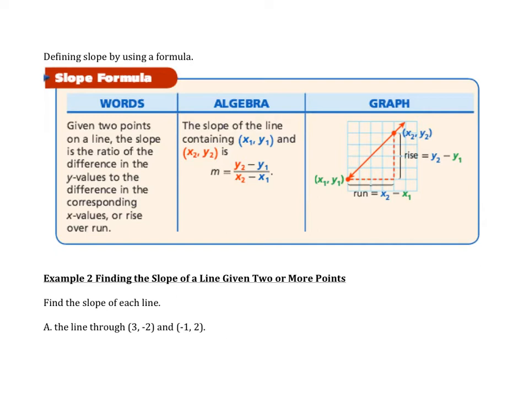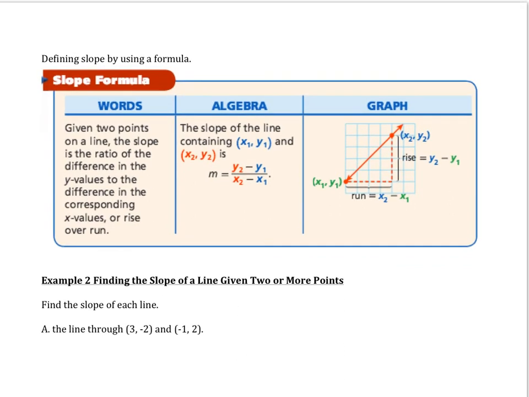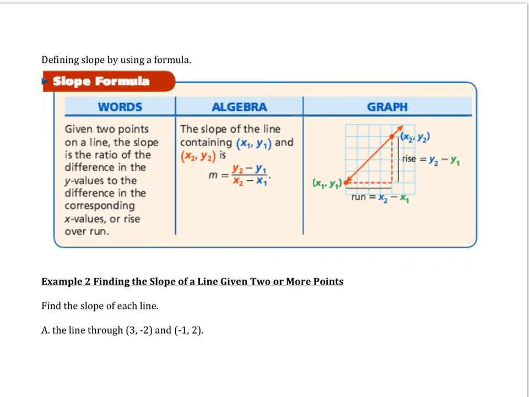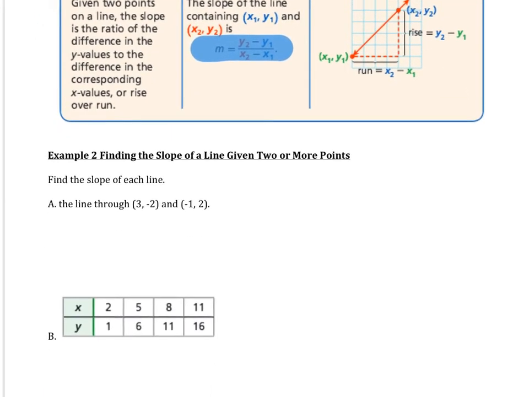We can find slope between 2 points if it's not already graphed. Given 2 points, we find slope from the slope formula, which is the difference in the y's, y2 minus y1, over the difference in the x's, x2 minus x1.